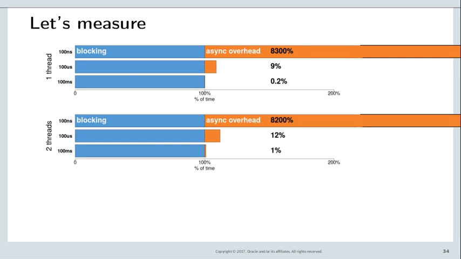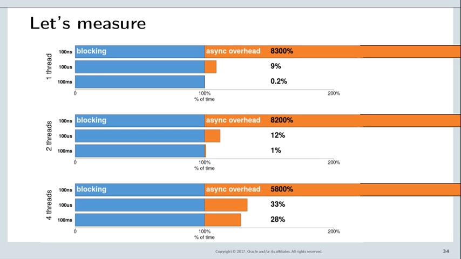My laptop has only 4 hardware threads, and here you could see that when my system is saturated and I don't have enough free resources, the overhead of the asynchronous API could be visible, I think 30%.